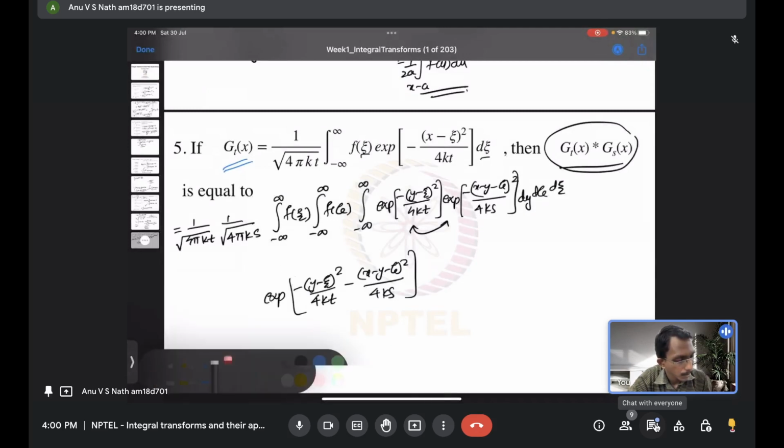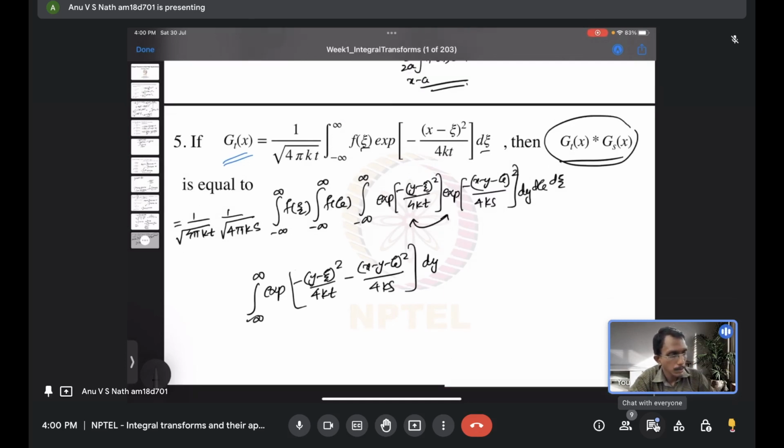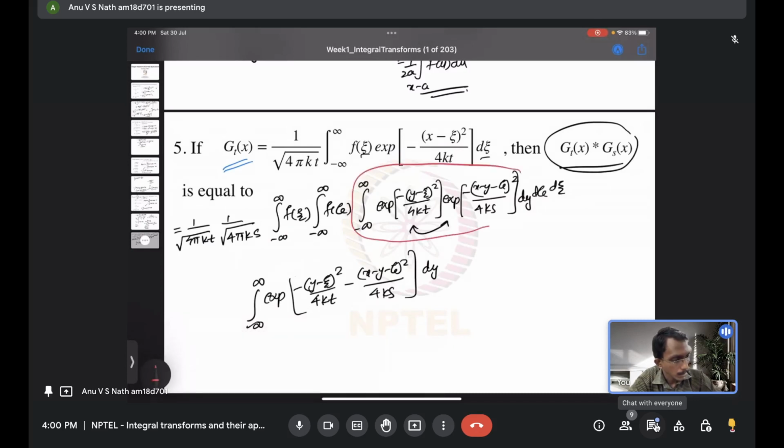Now this exponential alone is appearing in this integral from minus infinity to plus infinity. So this expression we need to evaluate. Then we substitute that back here in the place of this entire expression, and then we can simplify it.